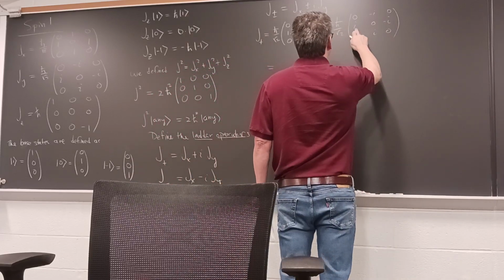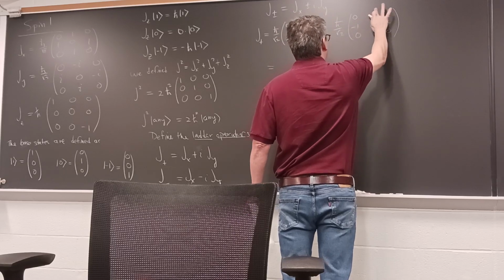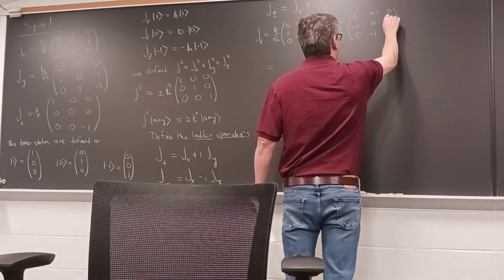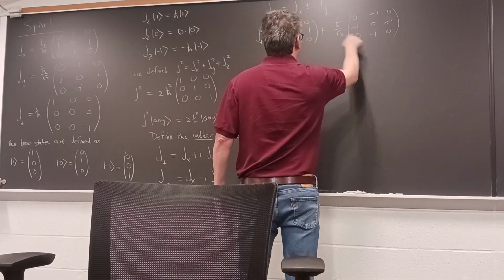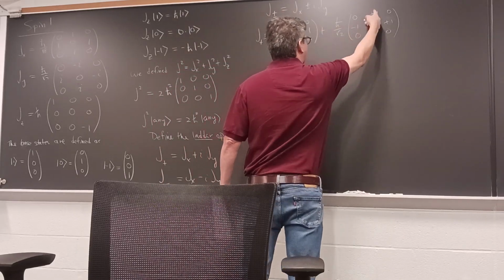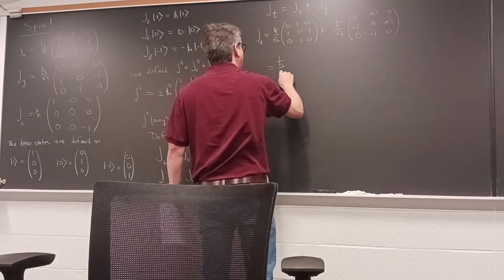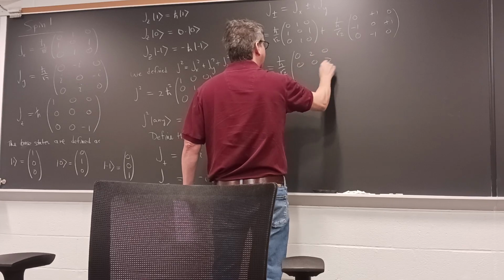When this i hits this i, this gives us a minus 1, we'll get a plus 1, a minus 1, and a plus 1. So these minus ones will cancel these ones, and we'll get additions for these ones there. And so this is h bar over the square root of 2, 0, 2, 0, 0, 0, 2, 0, 0, 0.